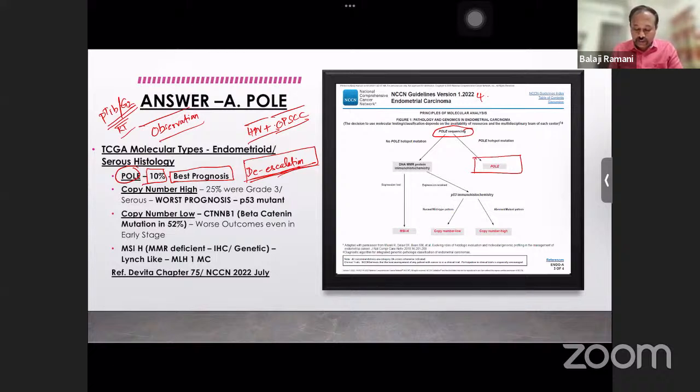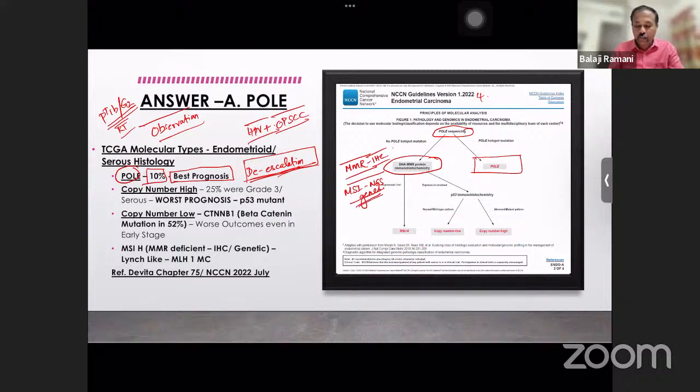Now, the next thing that you check for is, of course, the MMR protein immunohistochemistry. Remember, we talked about this when we had the class on stomach and esophagus as well. MMR is detected by the IHC technique, and MSI is done by NGS, the next generation sequencing of the genes.